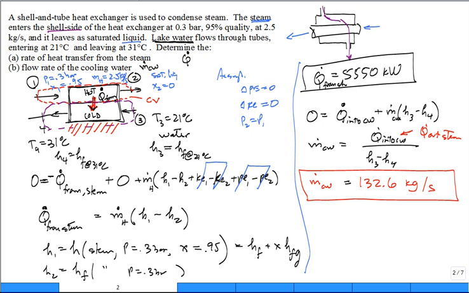Now, I put 4 digits on that because there's another way. We could use table A19, specific heat for liquid water, and we could say that H3 minus H4 is the specific heat of liquid water times T3 minus T4. Could we not? Let's say you do it that way. Well, I think in that table A19 they do have saturated liquid water at the very bottom, and it bounces around a little bit.